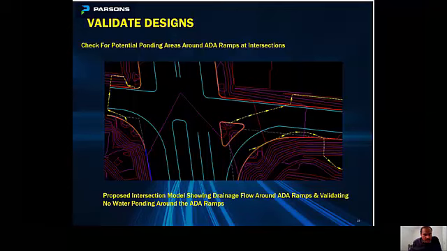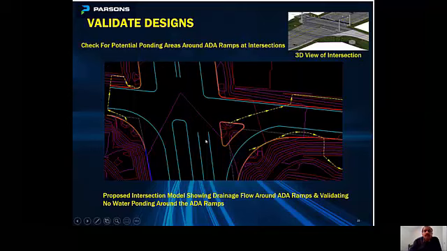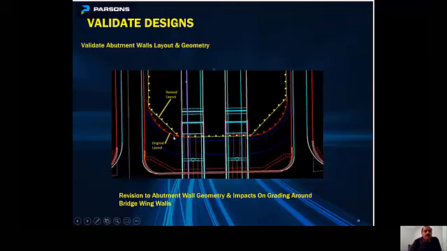As you can see, these are the flow arrows developed and drawn using the trickle tool, and that validates that when the water drops here, it would drain away from these ADA ramps. So this is the intersection, and that's the 3D model view of that intersection.